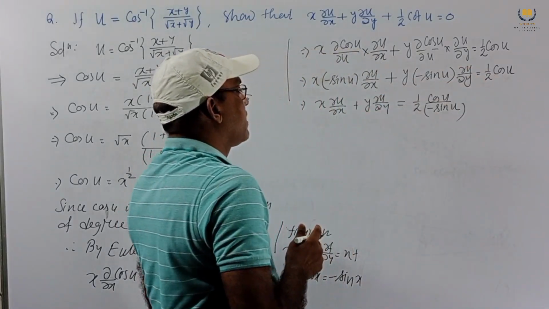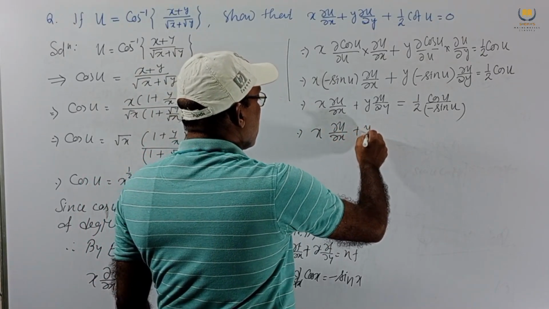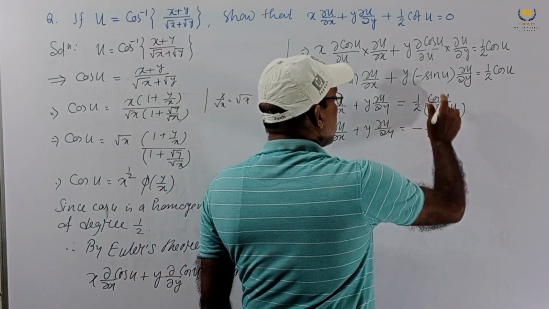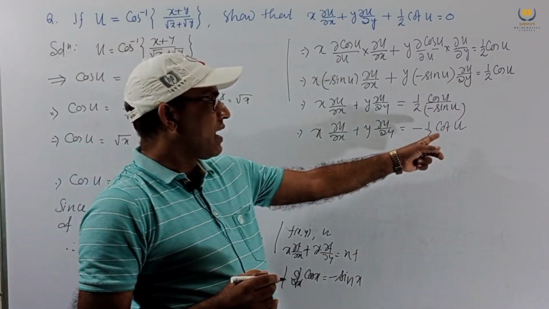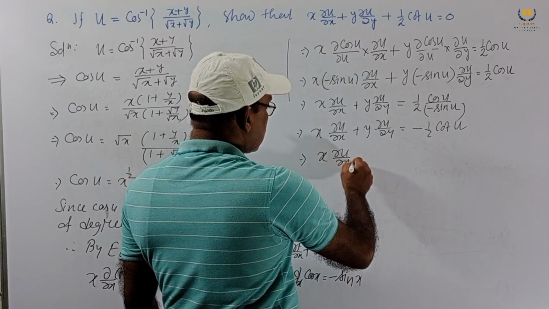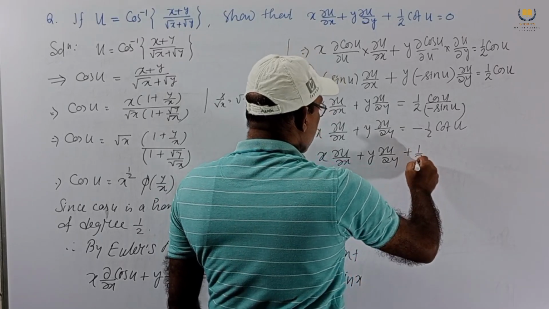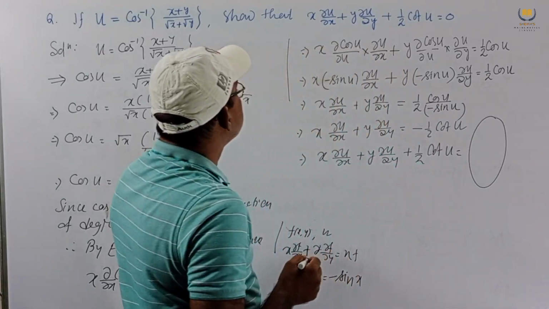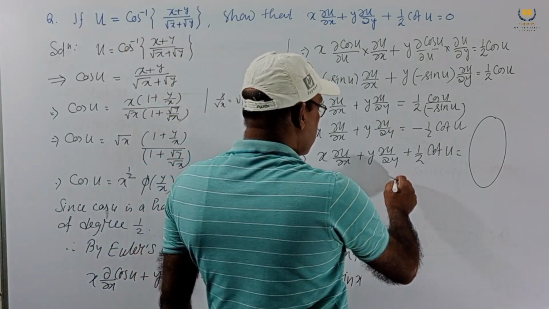Dividing both sides by sine, we get this, and half cos by sine is cot. Taking this to the left hand side, we get x ∂u/∂x plus y ∂u/∂y plus 1 by 2 cot u equals 0. And this is the proof, hence shown.